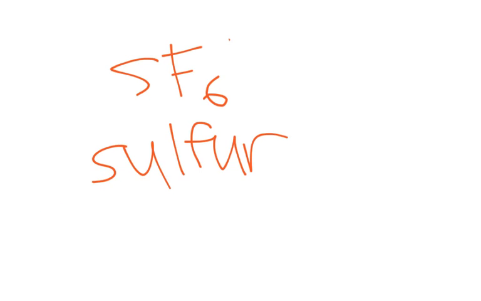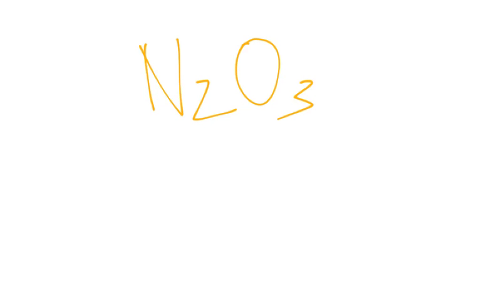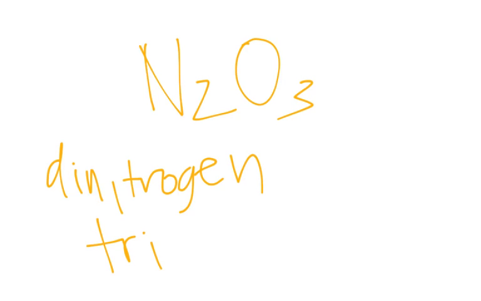And then our second element will be called hexafluoride. Alright, let's do just one more. Let's try something like N2O3. This will be dinitrogen trioxide.